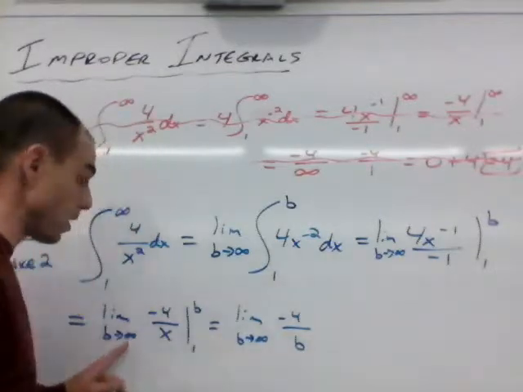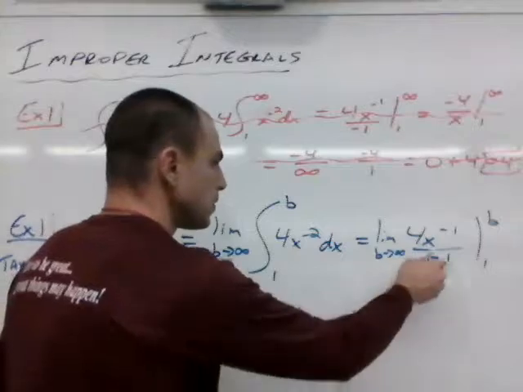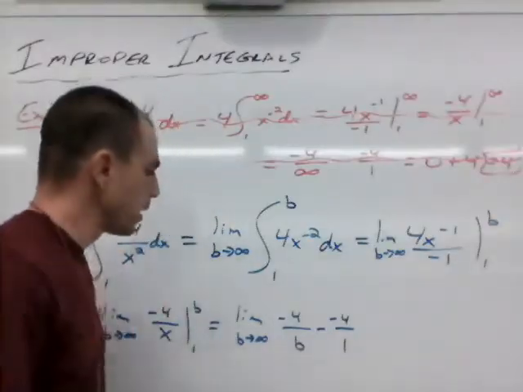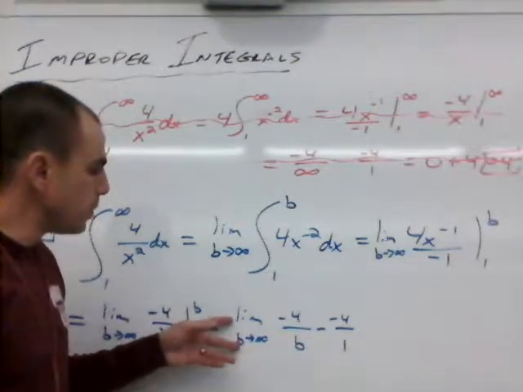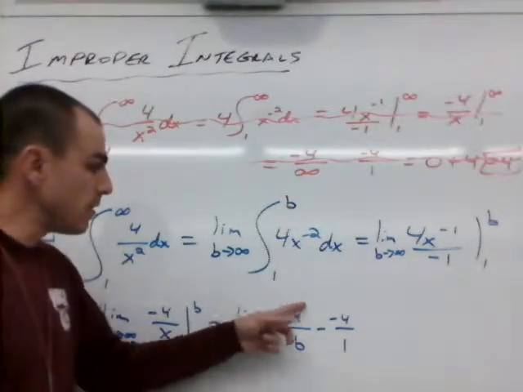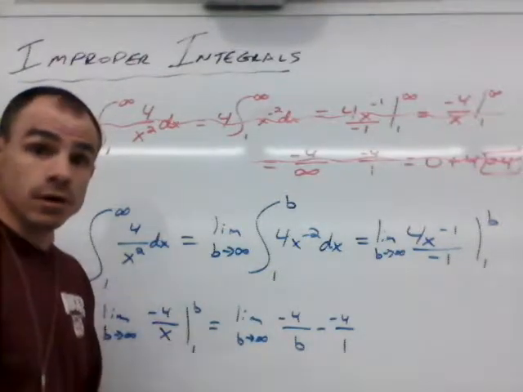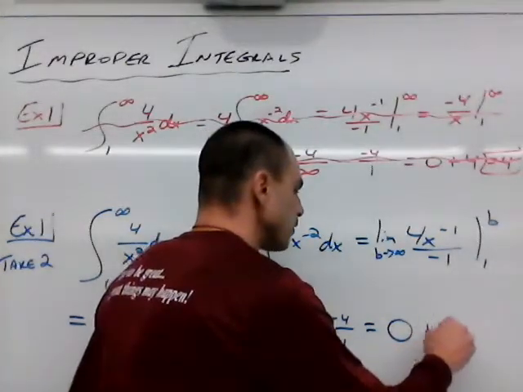It's a number that's getting larger and larger, but it is a number, minus negative 4 over 1. Now we know that as b is heading towards infinity, this expression becomes 0. So what we end up having here is 0 plus 4.